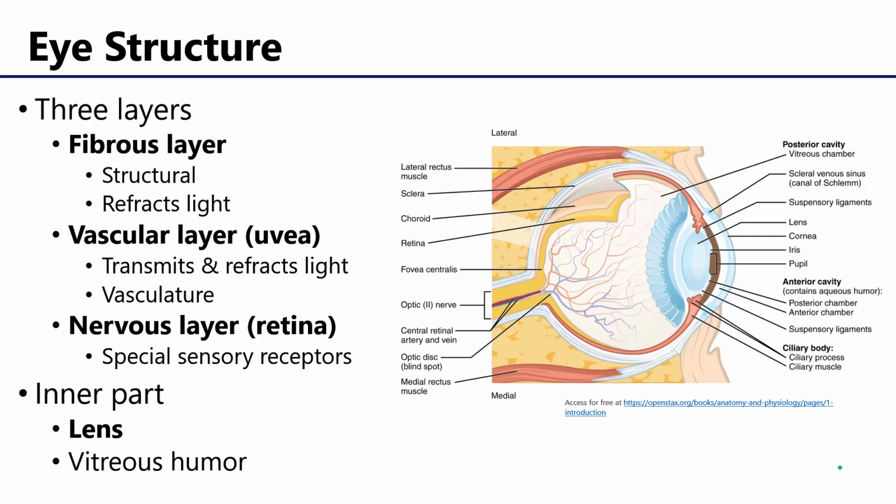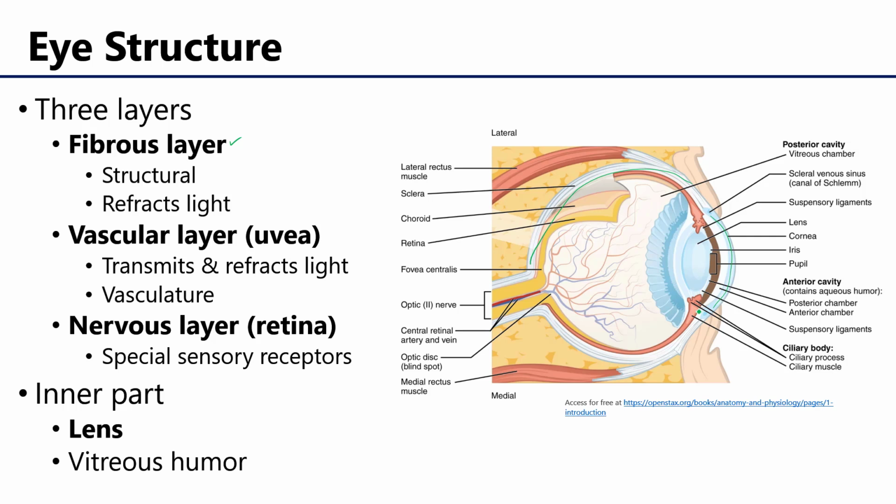The eye most efficiently can be described as consisting of 3 layers or tunics surrounding an inner part. These 3 layers include, from most superficial to deep, the fibrous layer, which consists of the sclera and cornea.